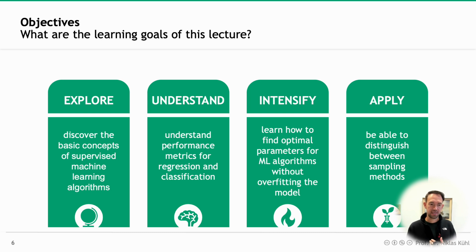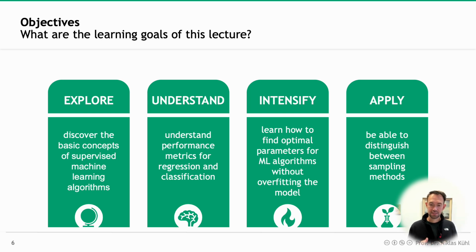Second, I want you to understand the performance metrics and why it really matters which one you choose here, and especially when it comes to the difference between classification and regression problems, what suitable options you have there. Third, I want you to learn how to find the optimal parameters for an algorithm without overfitting the model.